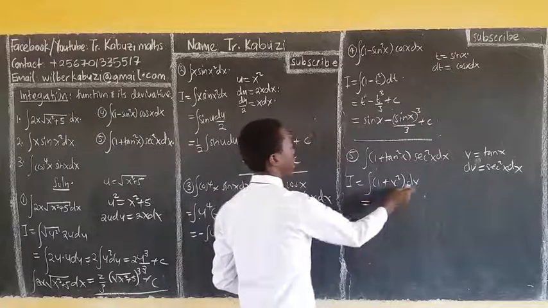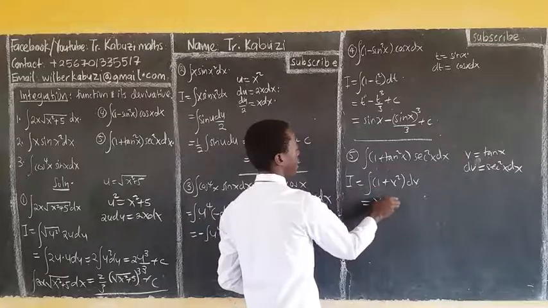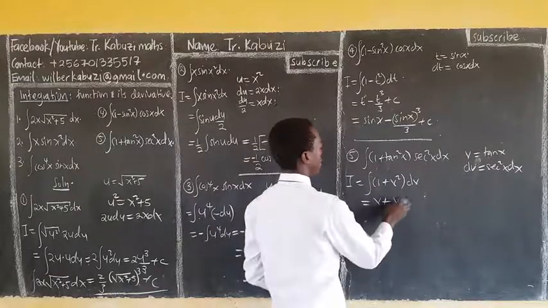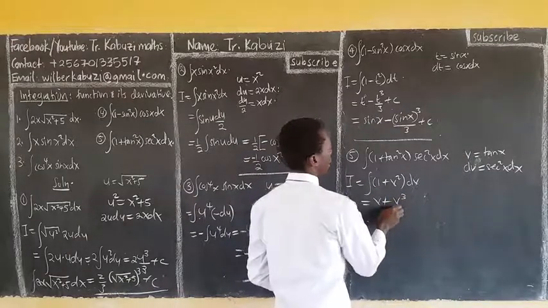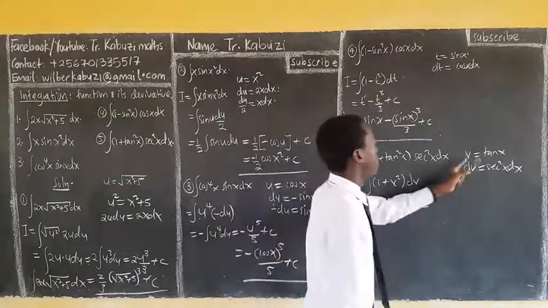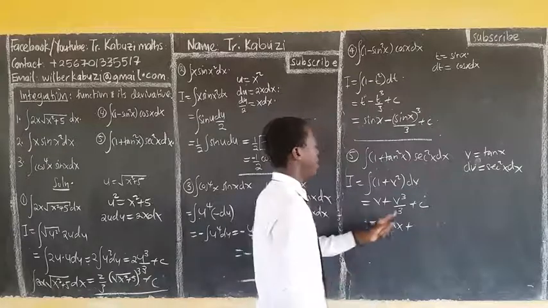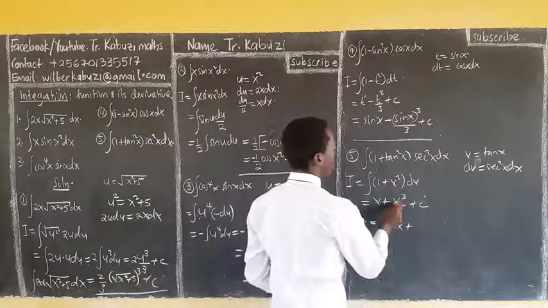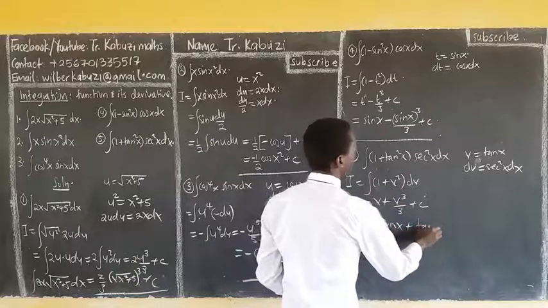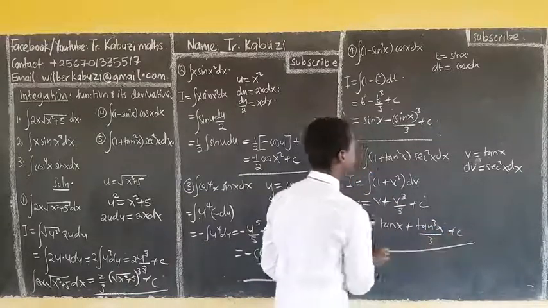When you integrate this with respect to v, you get v, then plus v cubed over 3, then plus c. But your v is tan x, so we have tan x, then plus tan cubed x, the whole over 3, then plus c.